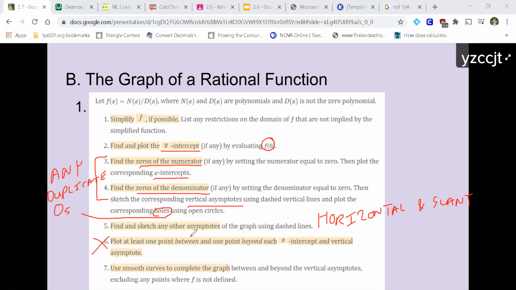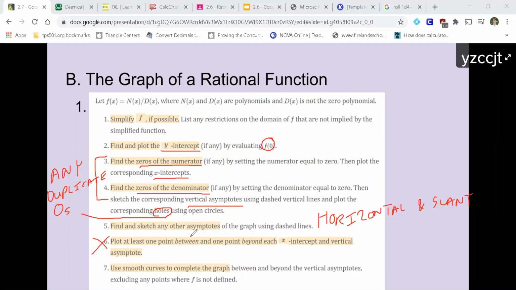Step 6 is really optional. Unless it asks you to evaluate a point, I wouldn't really do it. The idea is that so far we've created all of these points of interest. To find out what's happening between the points of interest, they suggest you pick an x value between those and plug it in, so it gives you another point to plot, so you can see what the behavior is of your graph.